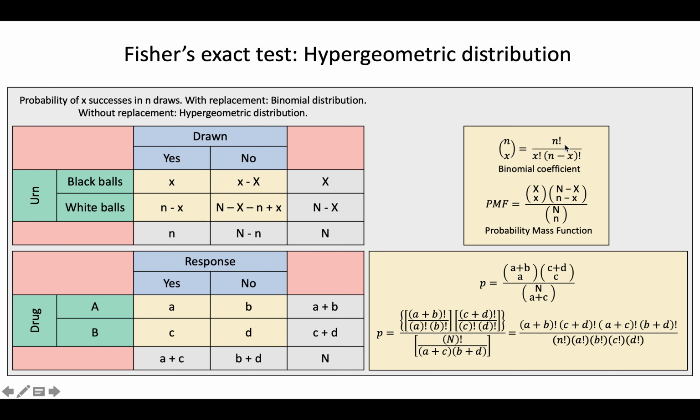So 5 factorial is equal to 1 times 2 times 3 times 4 times 5, and so on. So this is the way to calculate the binomial coefficient. And then the probability mass function that I explained to you before is defined by this funny equation: x choose x, n minus x choose n minus x, but in this case is lowercase, over n choose n.